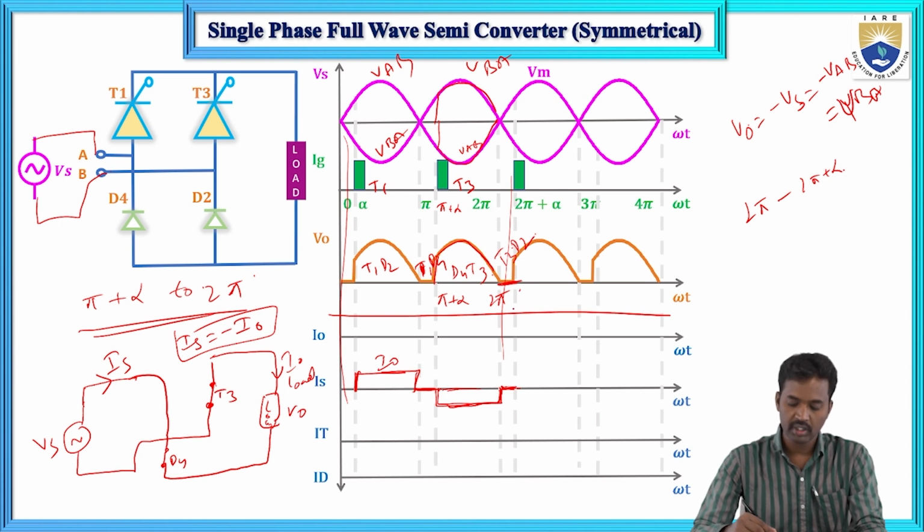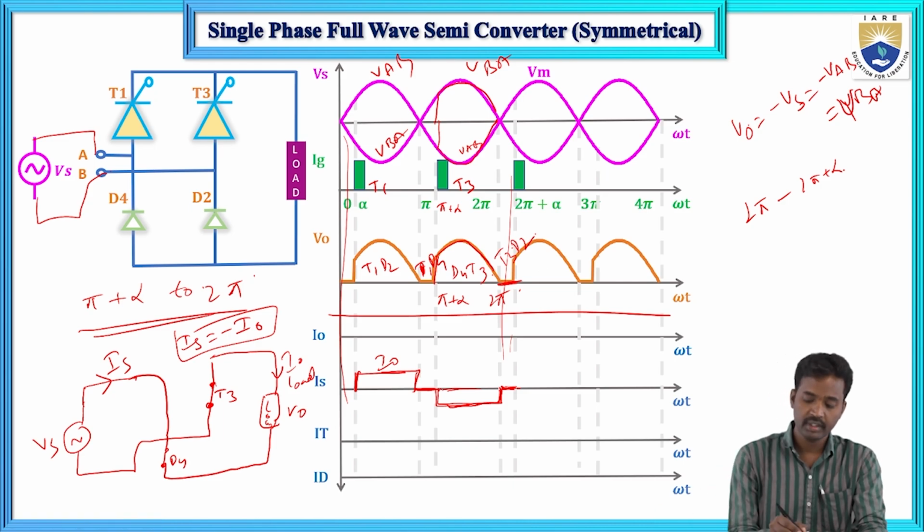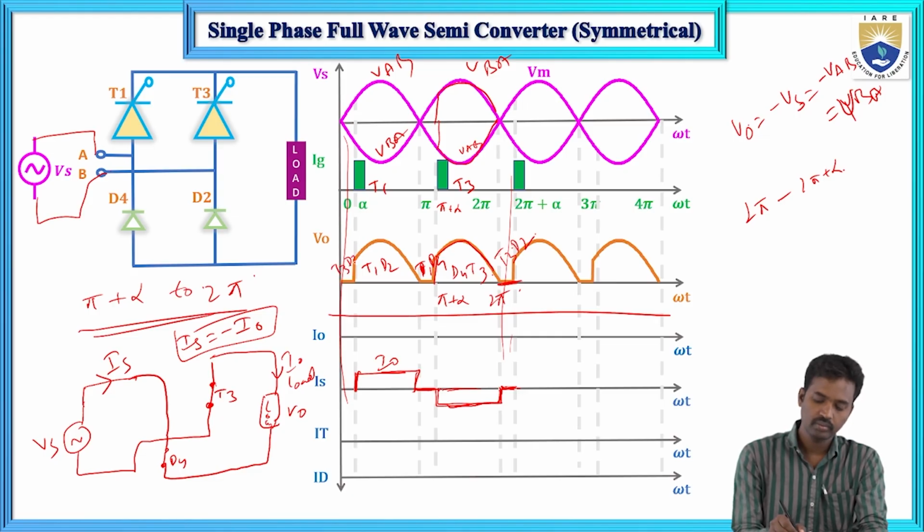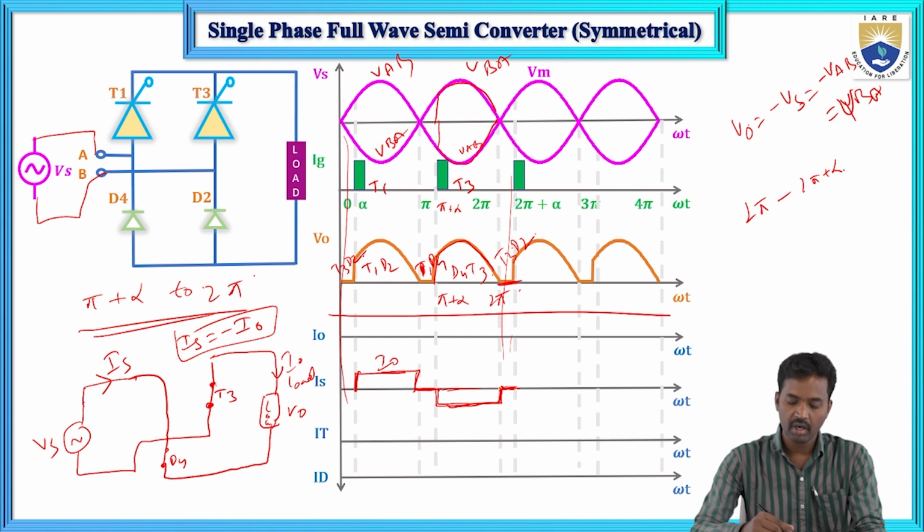In that case T3 and D2 will freewheel. So from 0 to alpha T3 and D2, and next at alpha T1 will trigger, T1 and D2, and next from pi to pi plus alpha T1 and D4, and next pi plus alpha to 2 pi, T3 and D4, and next T3 and D2.